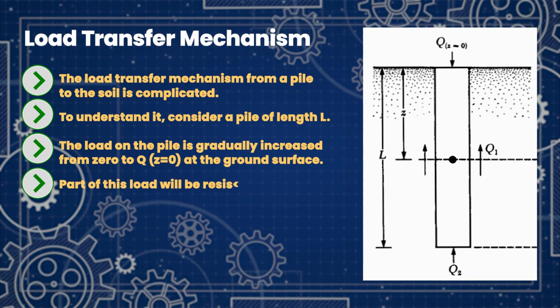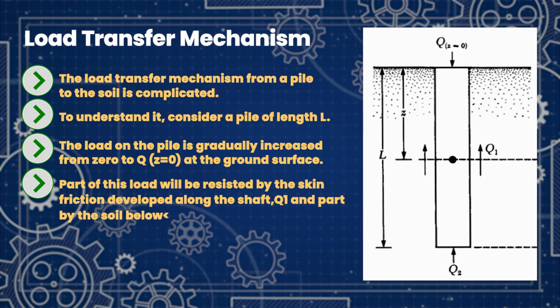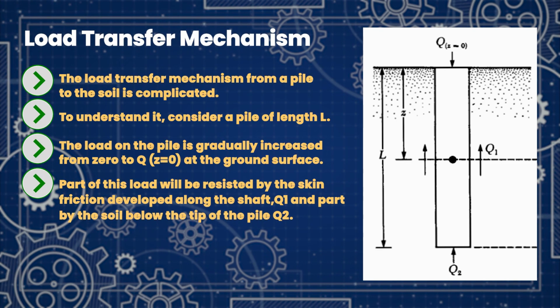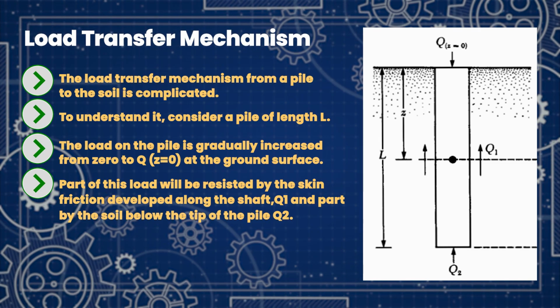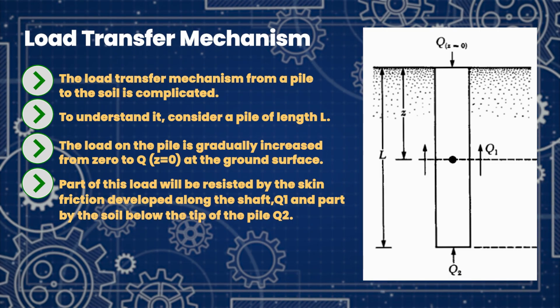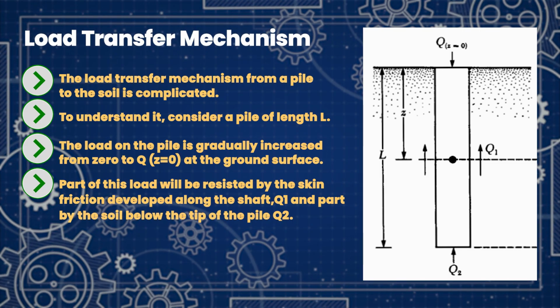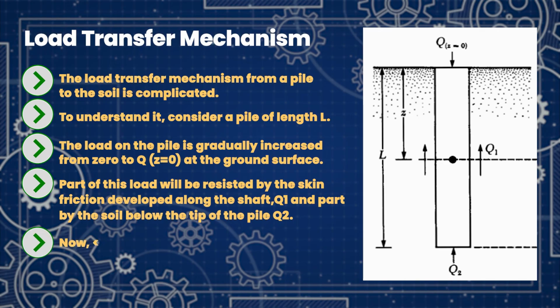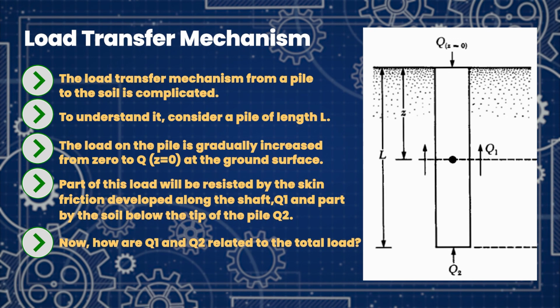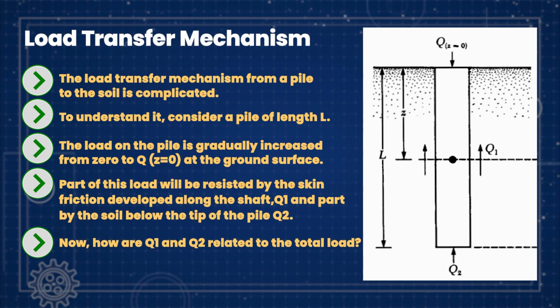Partially the structural load will be taken care of by the soil. That is denoted by QS, or you can call this Q1, because here I am denoting it by Q1. As you go further, this is the tip of the pile, this is called Q2. So, when you combine Q1 plus Q2, it will be the ultimate load.